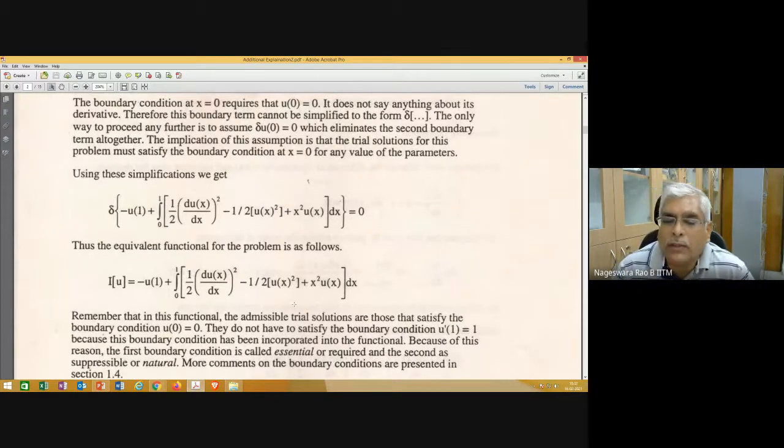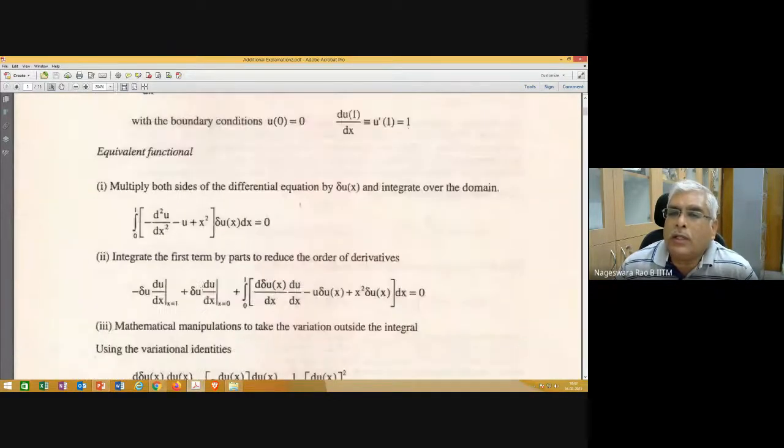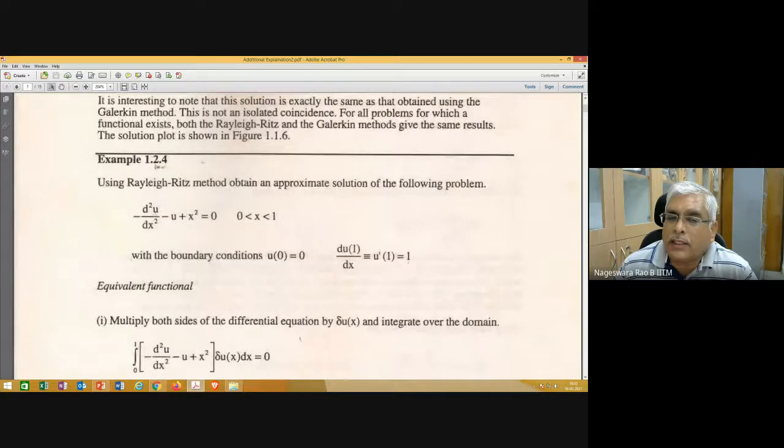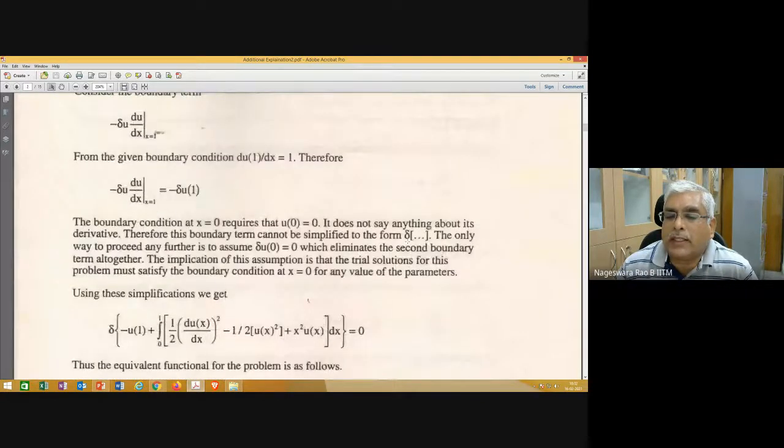So now what I'm saying is, suppose this equivalent functional is given to you. Can you tell that this equivalent functional represents this boundary value problem? How to get back to this? How to go in the backward direction?